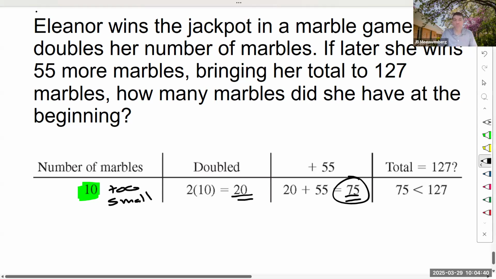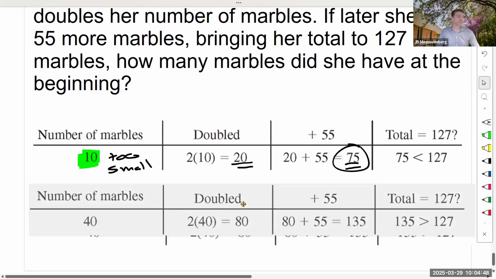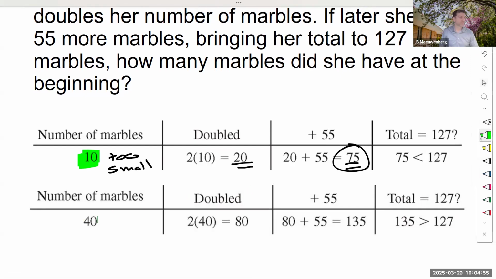Okay, so that's what a guess and check process might look like. So what do we do? Well, we guess something bigger. So maybe we guess 40. Well, if we guess 40 marbles, as you can see here on the left, if we double those marbles, now she's got 80, and then we add the 55, she's got 135.